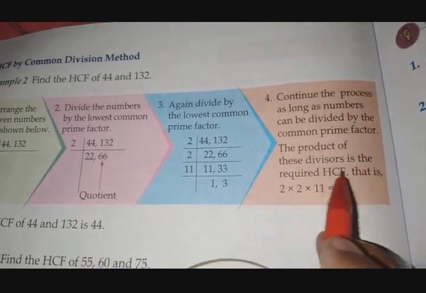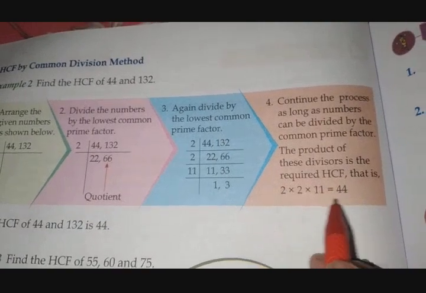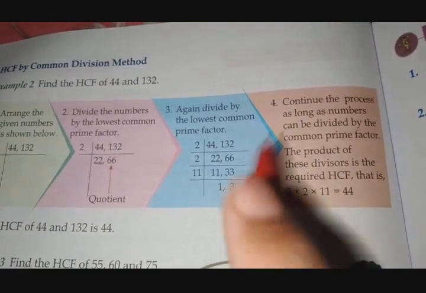The product of the divisors used in this division is the required HCF. Now let us see an example.